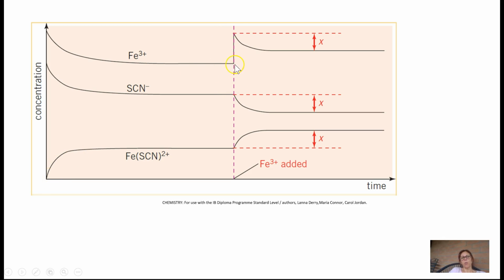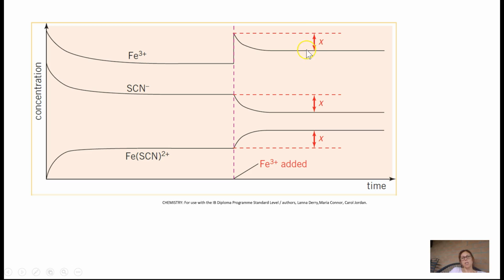At this point here, we have an increase in our concentration of our iron ions because we added some of those iron 3+. So of course we expect that to rise, and it will then gradually decrease. Here we haven't had an increase in the concentration of our thiocyanate, so there is no increase there, and as the reaction proceeds, it's being used up, so as you would expect, it would also decrease.